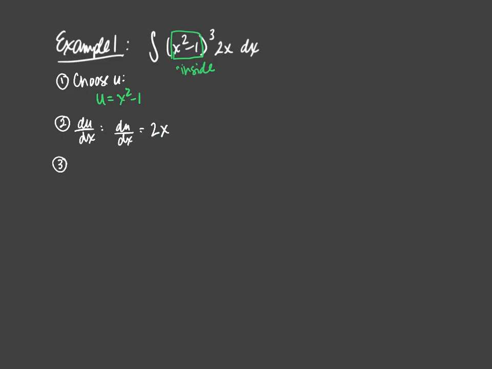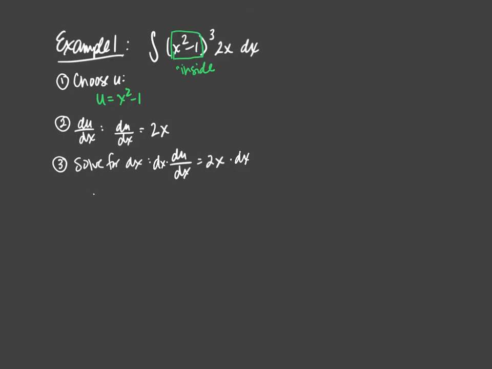Step 3 is we're going to solve for dx from what we have in step 2. So we've got du over dx is equal to 2x. So dx is down in the denominator, and so we're going to treat this like a fraction, right? Du over dx. And so I'm going to do a little cross multiply here, right? So multiply both sides by dx.